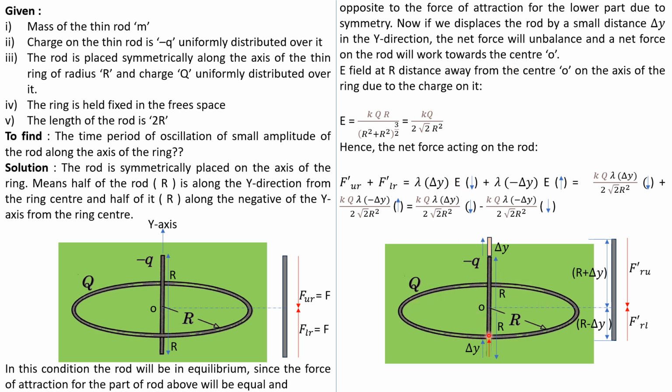Now in this diagram, if you see, the rod has been shifted by delta y, a small amplitude. For easy viewing, it has been magnified, but you can consider this a small amplitude. So the rod has been displaced in the y direction by delta y.